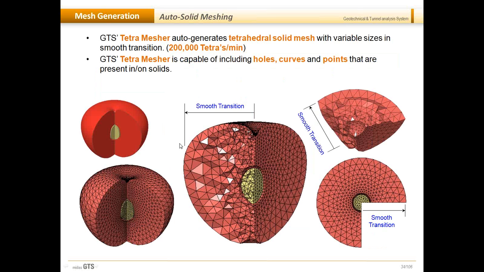Now 3D meshing, tetra meshing is quite fast. You have a fast tetra auto mesher, and it can create smooth transitions between the fine mesh and the areas where the mesh is coarser.